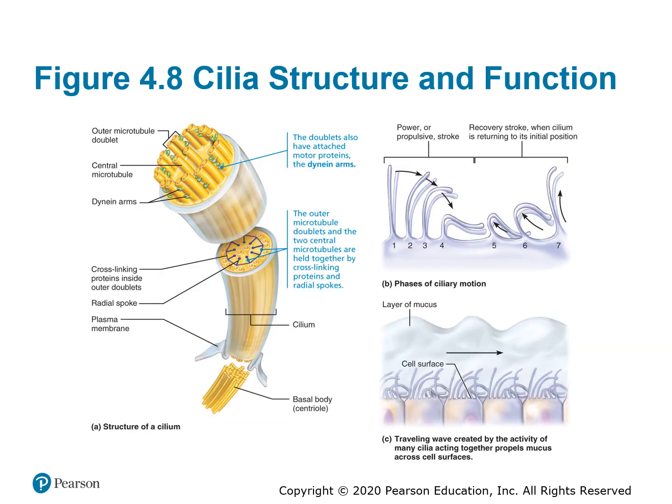That's kind of what it looks like. So you have all of your 9 doublet rings kind of going around a central doublet. And this is kind of the process. It grabs one, and folds back up, and it folds back up, and it folds back up, and that's how it moves stuff.